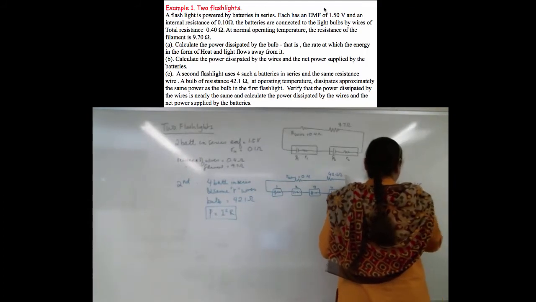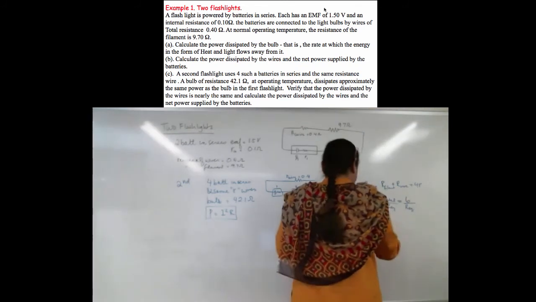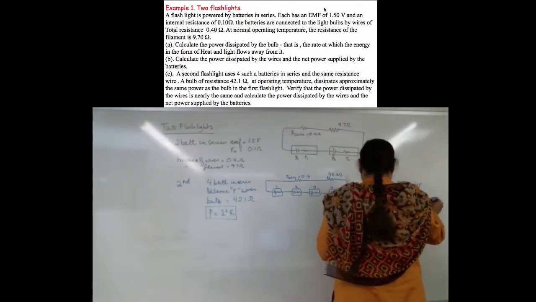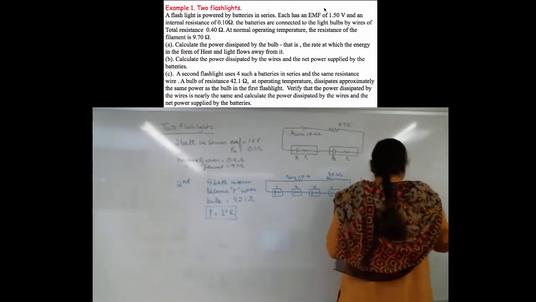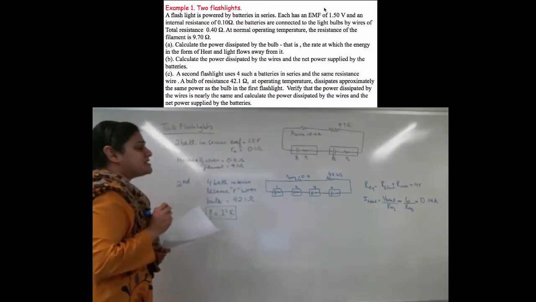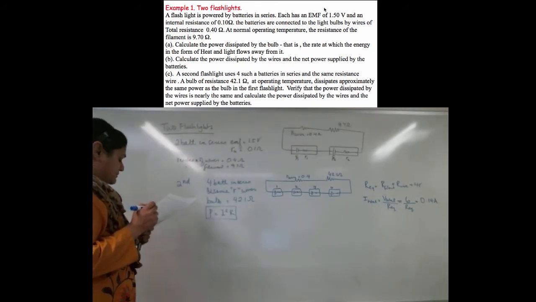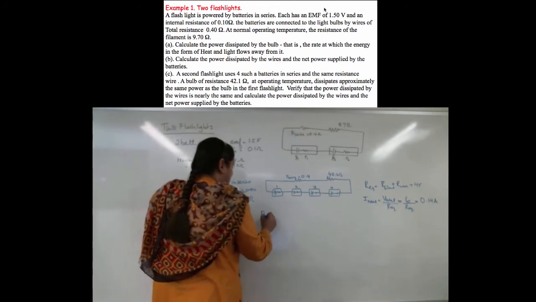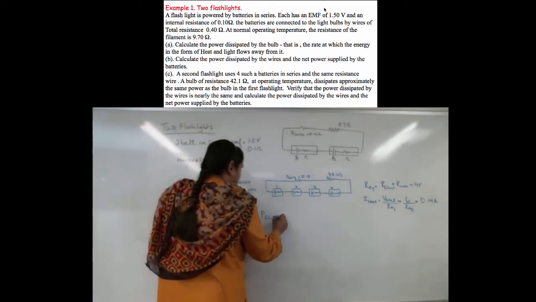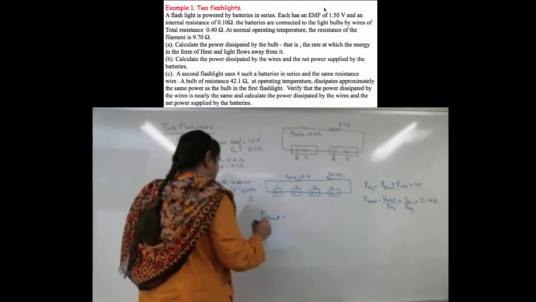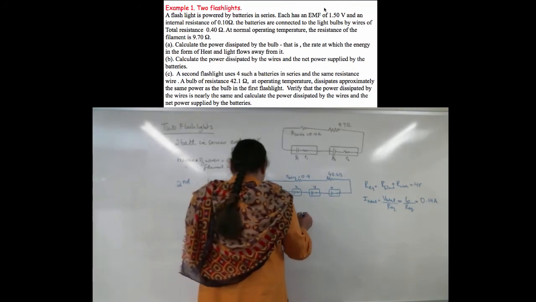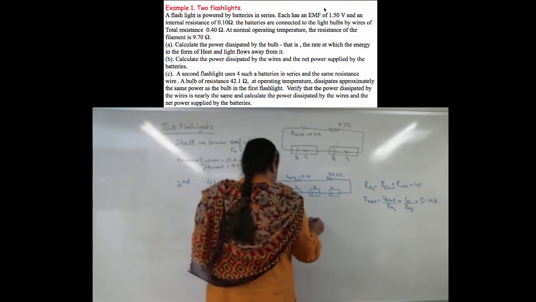And if you find the value of R equivalent, what we find is that I total comes out to be 0.14 amps. Okay? Once we have all of those values, we can find the power for the filament as I squared R of the filament.